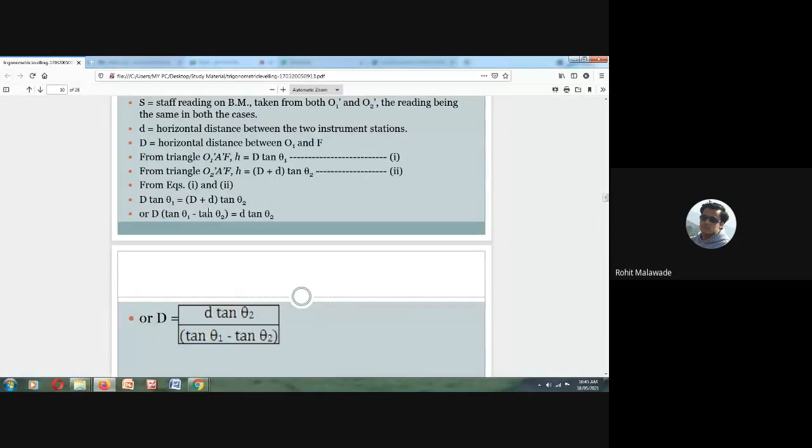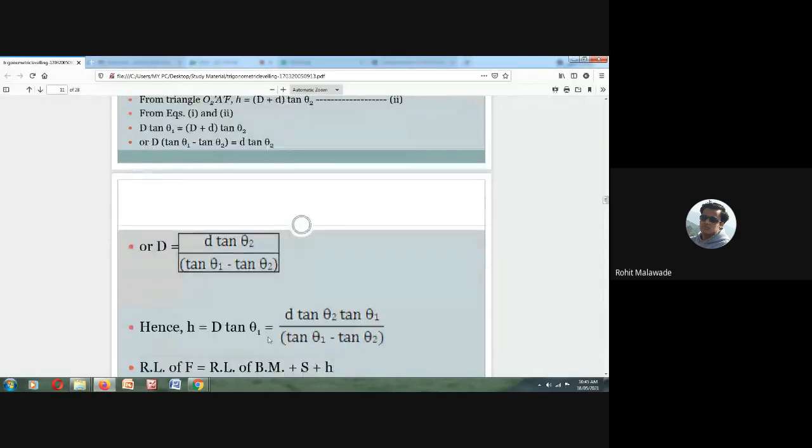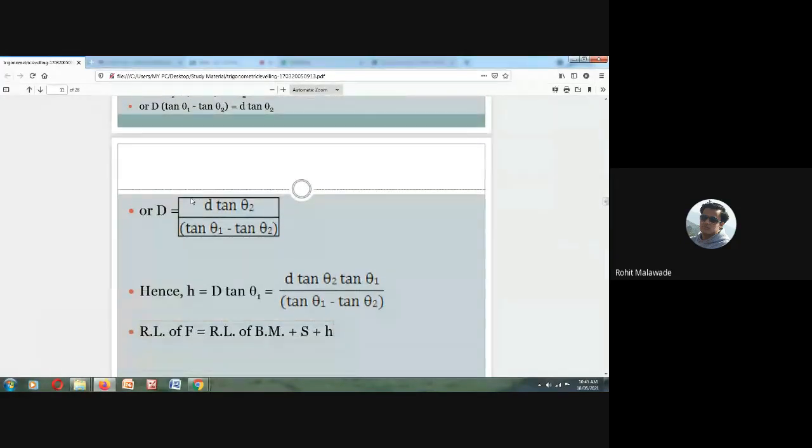You already know it. So D tan θ1 is equal to (small d plus bigger D) into tan θ2, so D is equal to d tan θ2 divided by tan θ1 minus tan θ2.